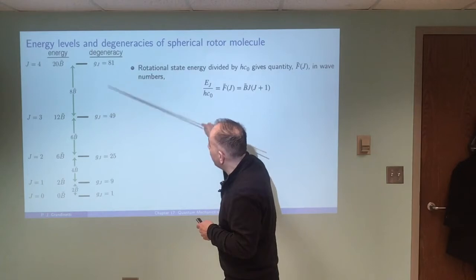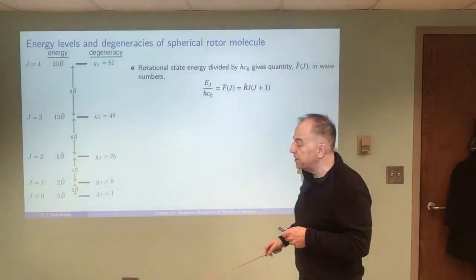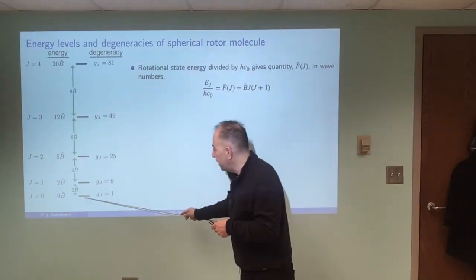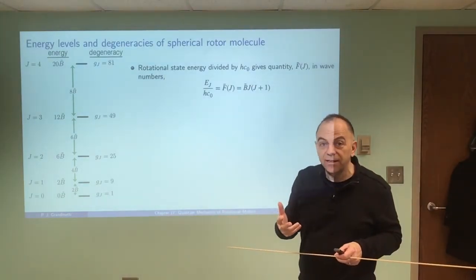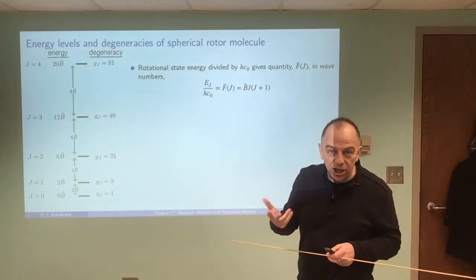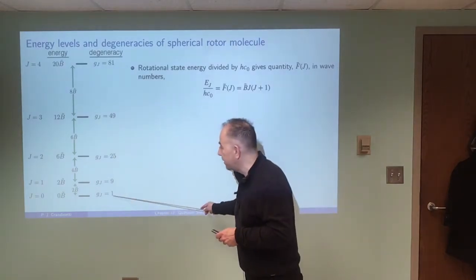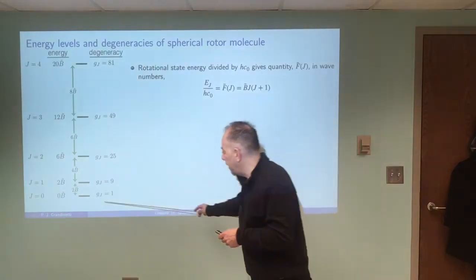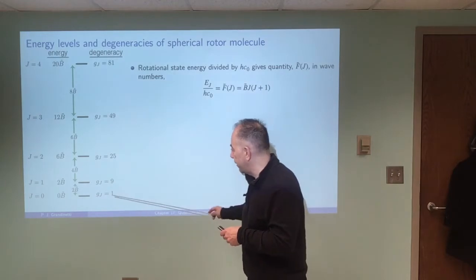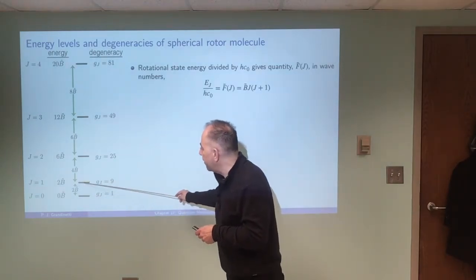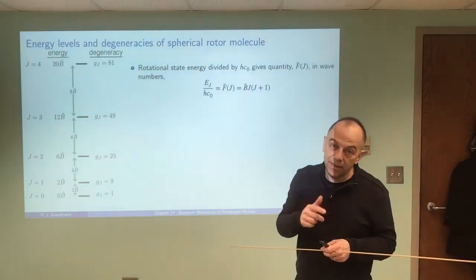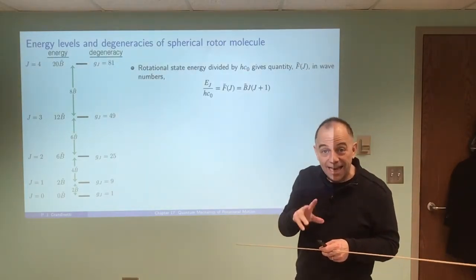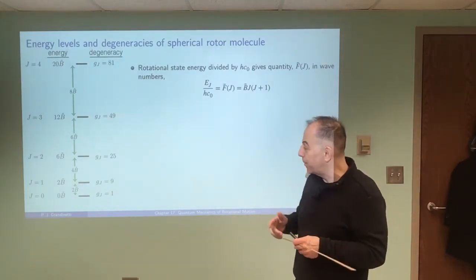And over here, I've written down the degeneracy for each of these levels. So in the J equals 0 case, we can only have values of M sub J of 0 and K sub J of 0. So there's only one state with these quantum numbers with this energy level. And then for J equals 1, of course, we can have M sub J equals minus 1, 0, and plus 1, and K sub J of minus 1, 0, and plus 1.